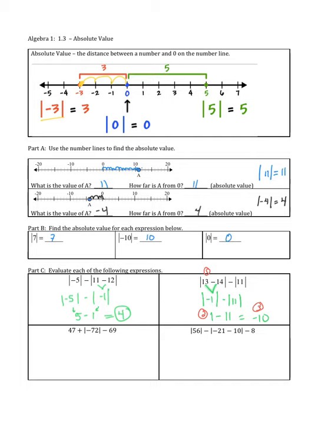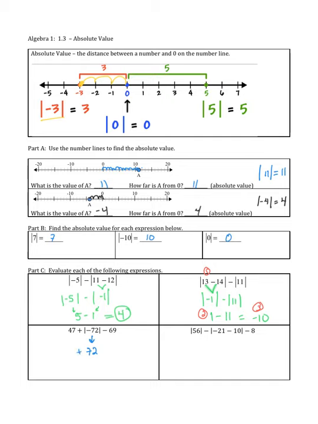Now, I look at this problem, 47 plus the absolute value of -72 minus 69. I don't see anything I have to actually do, but apply the absolute value bars, okay? I can't add yet. There are no parentheses, but we have the absolute value bar. This becomes positive 72 because the absolute value of negative 72 is 72.